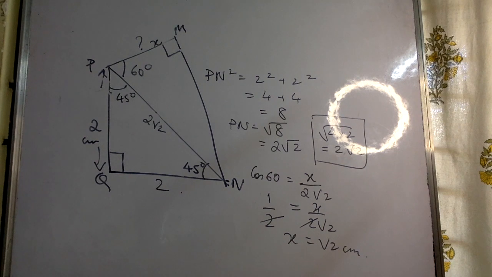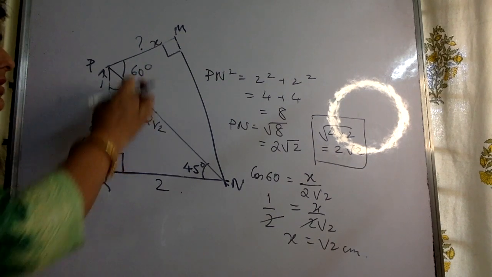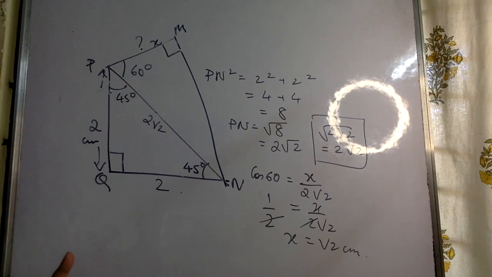Now here I want to tell you something. Sometimes students who write their boards, when it comes to some sums where one angle is given and only one side is given, it doesn't click to them that they can use trigonometry, and sometimes trigonometry is mixed up with other chapters. So here you must use trigonometry because there is only one side and one angle. Probably there can also be other methods of finding the answer.